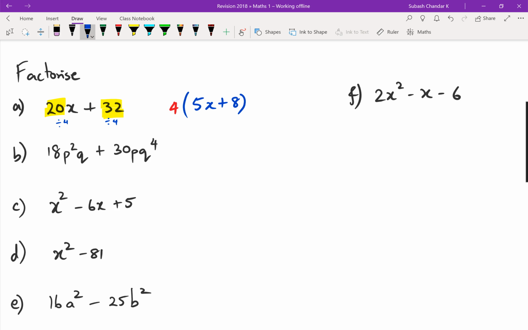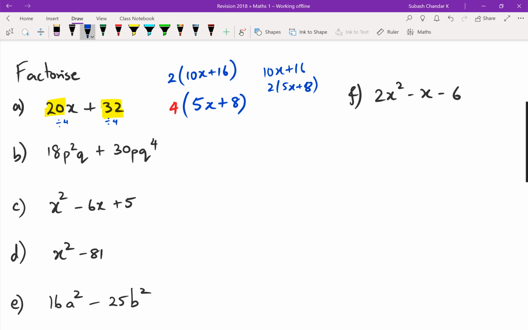Yep, go on. What happens if you use 2? That's a really good question, because if you use 2, you're going to end up with 2 times 10x plus 16. But this is not the lowest. You can do it further, right? Because 10x plus 16, you can take another common factor of 2. You can rewrite that as 2 times 5x plus 8.